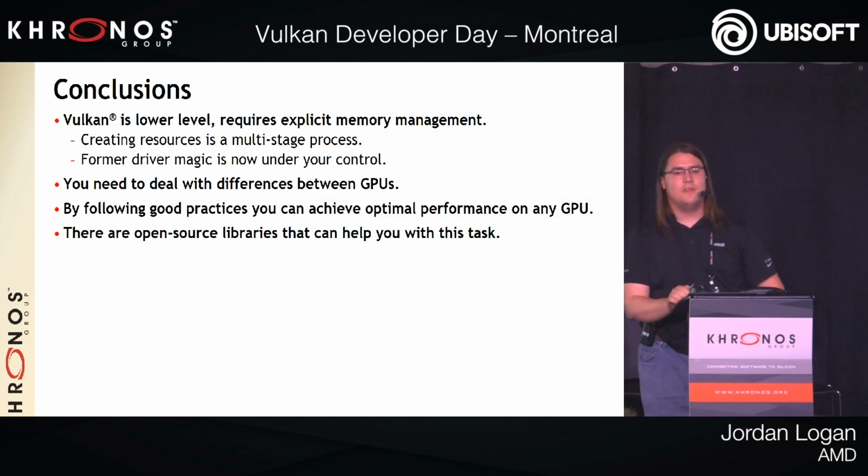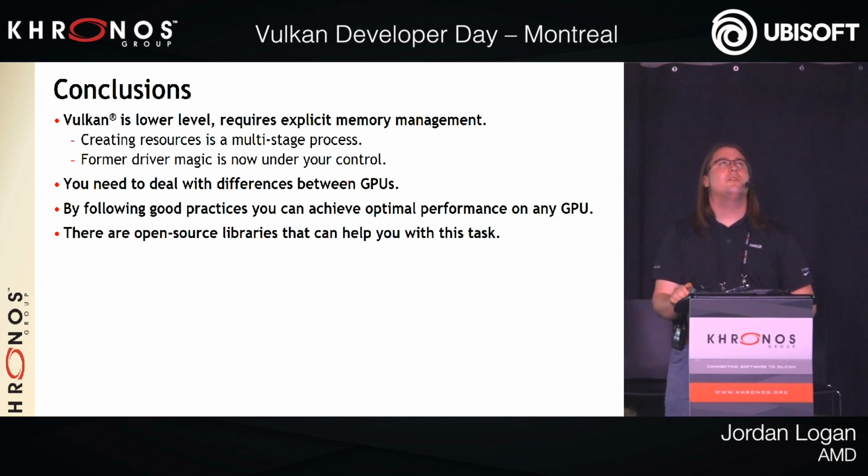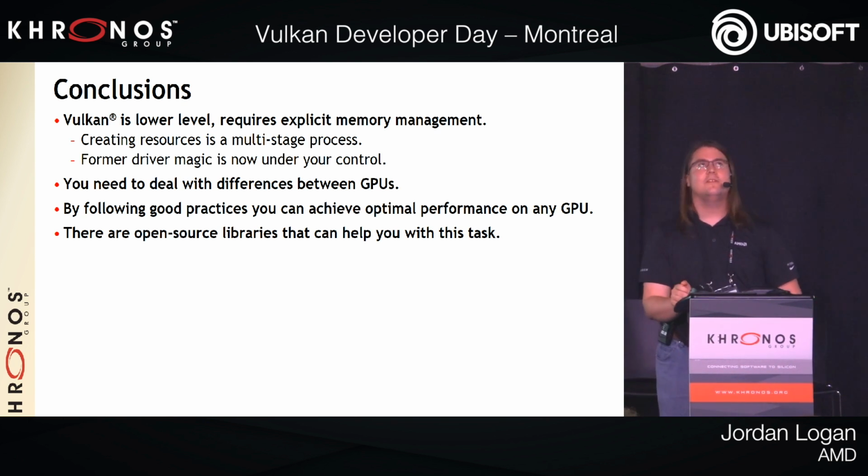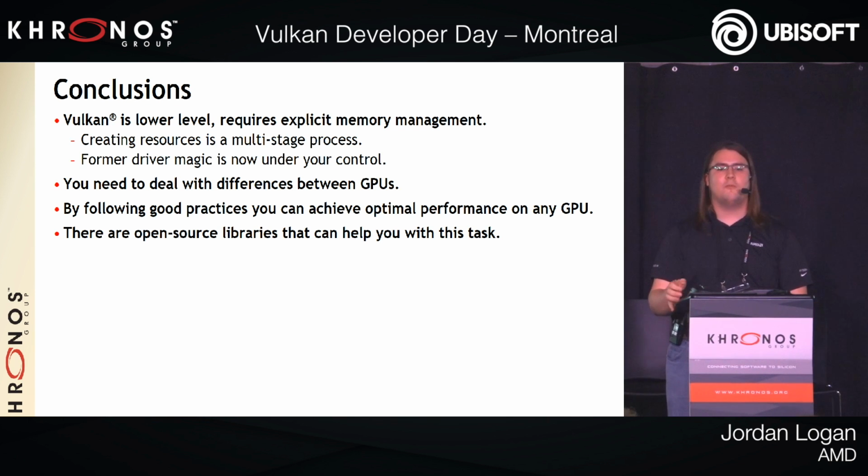Okay, so in conclusion, the memory management has been moved from the driver up to you. And so now you have to do all that black magic that the driver used to do with memory. And so now it's a multi-step process. Also, GPUs differ quite drastically between their different ways they actually handle memory.